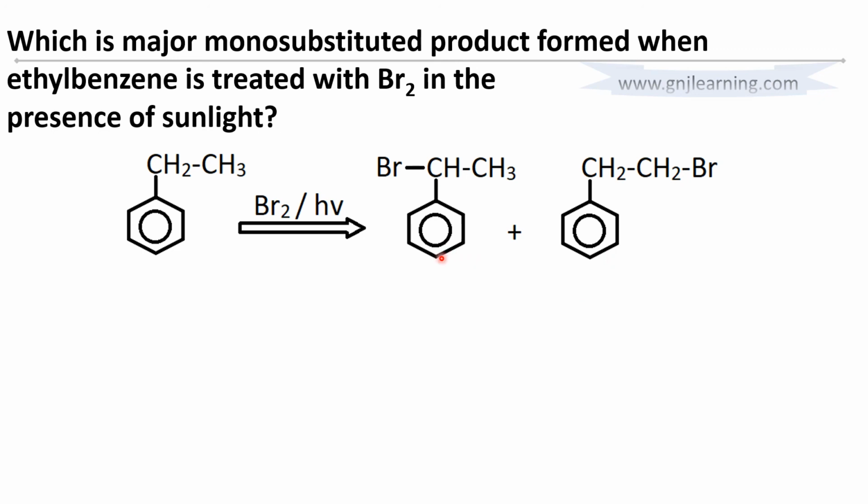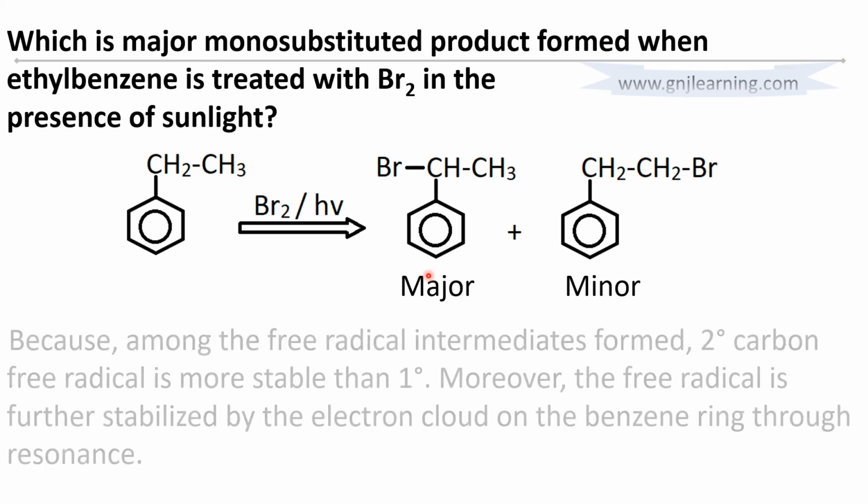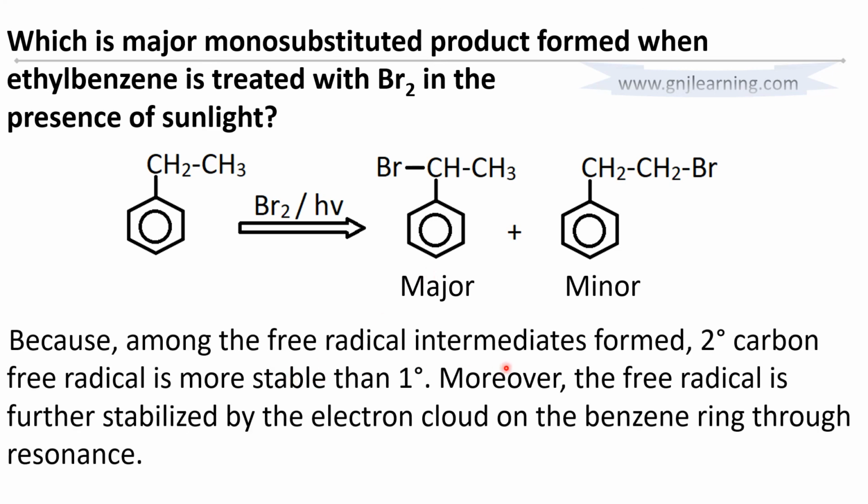Of course we have learned it is the secondary carbon. So the major will be the secondary carbon. And what is the reason? Because in their formation there will be free radical intermediates. So what are the two free radical intermediates? One is the free radical belonging to this carbon, and the other is the free radical belonging to this carbon.